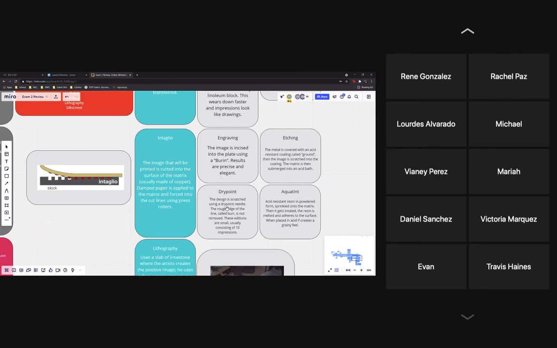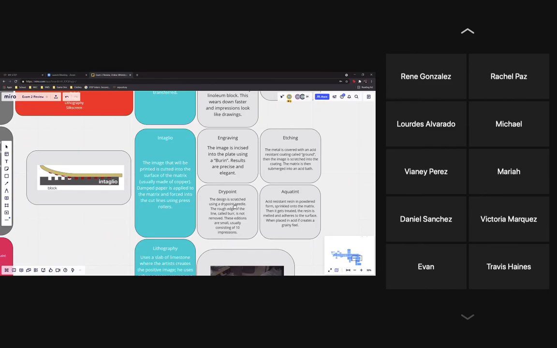Now in drypoint, the difference is that the tool is called a drypoint needle, and when the artist finishes the drawing, it's going to leave a kind of imperfection on the edge of the line, and that's called a burr.